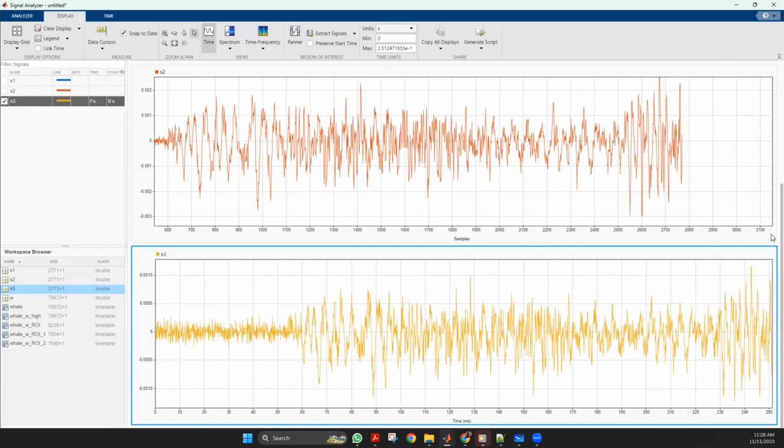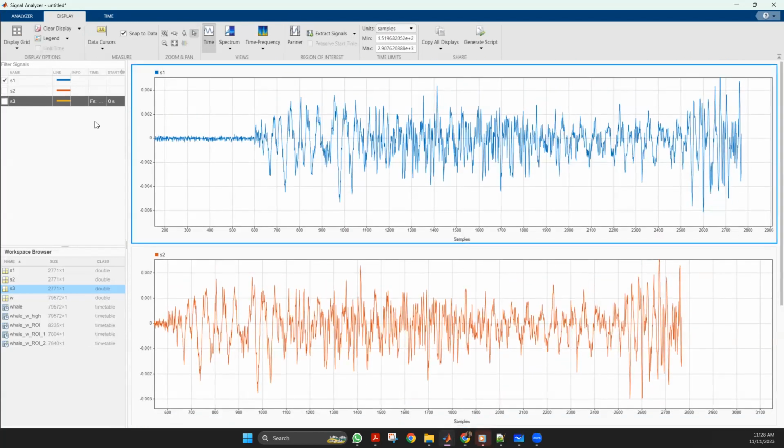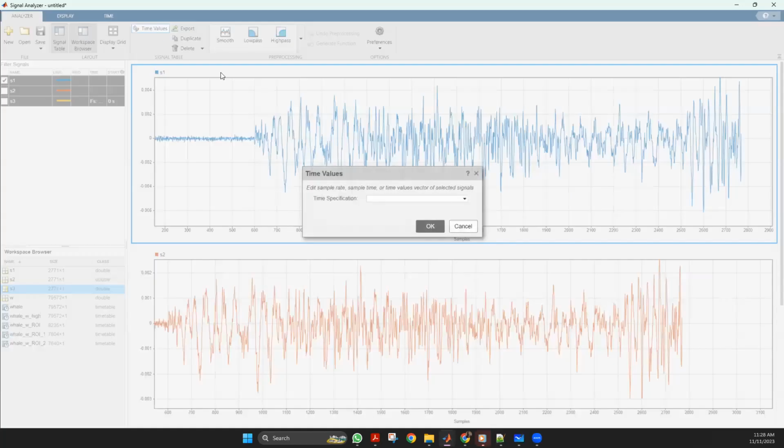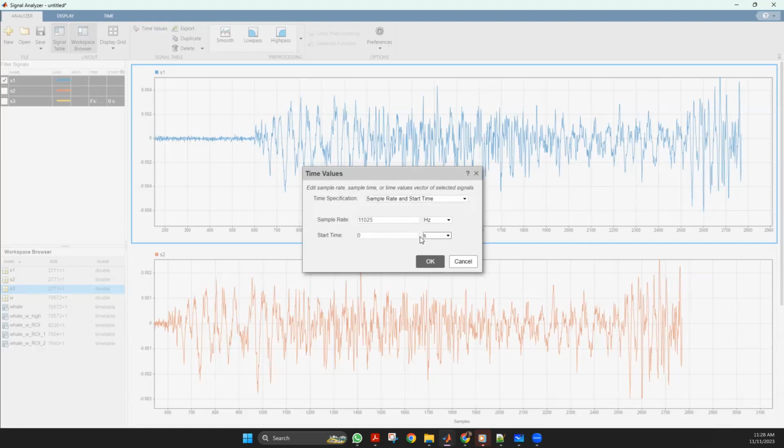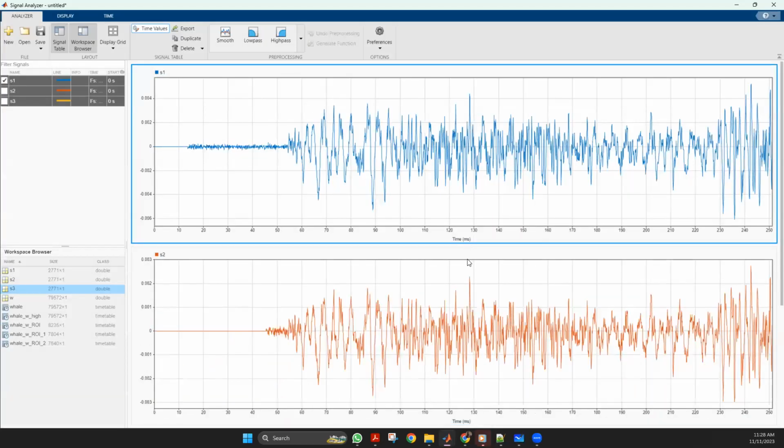With respect to time, I need to select all the plots and then do that. Now I'm able to see that I have the x-axis as time. So with respect to the time, the plot has been adjusted now. Earlier it was samples, but now it's time.